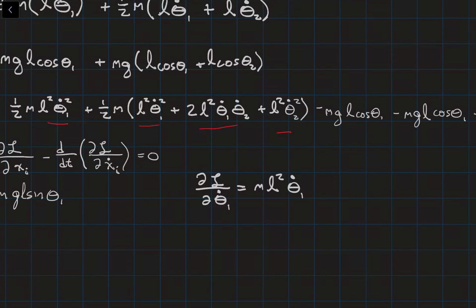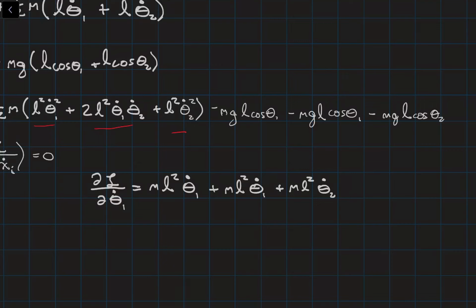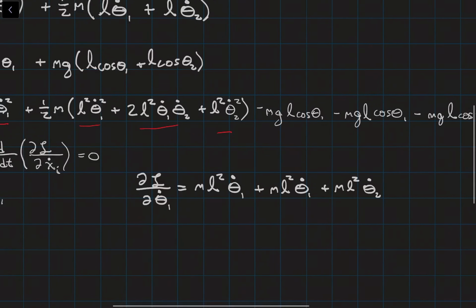And for the second part here, we have mL squared theta 1 dot plus mL squared theta 2 dot. That's from this middle term here. And the third term in parentheses there has no dependence on theta 1 dot, so we don't have to worry about that. And neither does anything else in this equation.